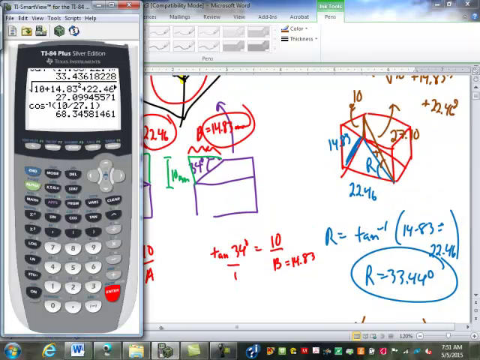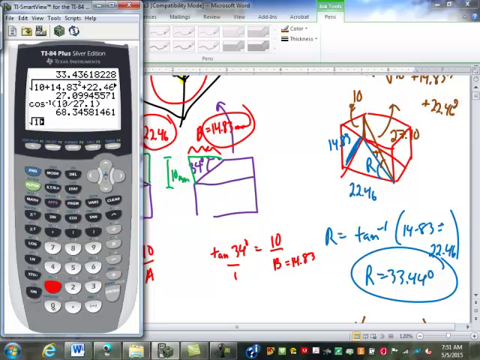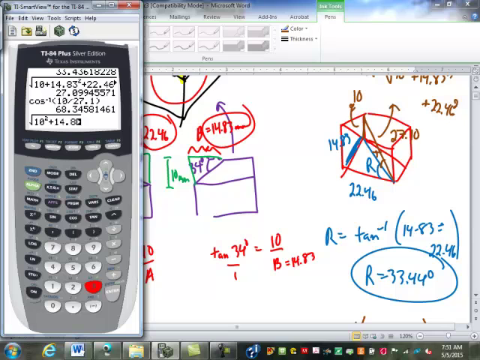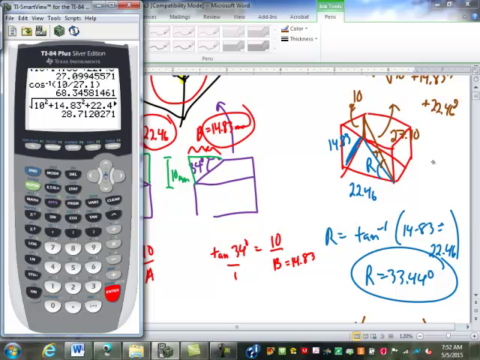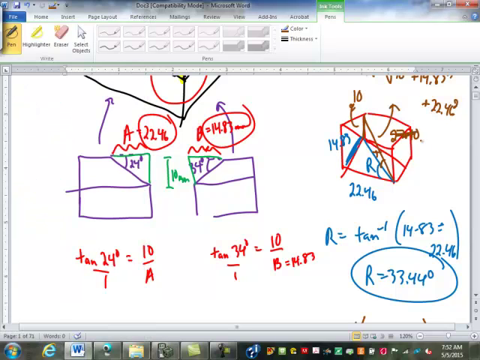The 10 did not get squared, did it? So square root, 10 squared plus 14.83 squared plus 22.46 squared. 28.71, that better?